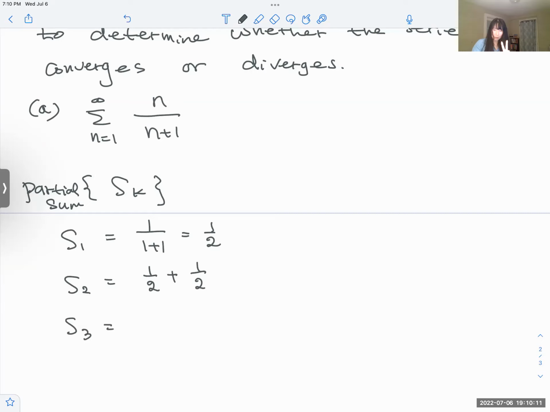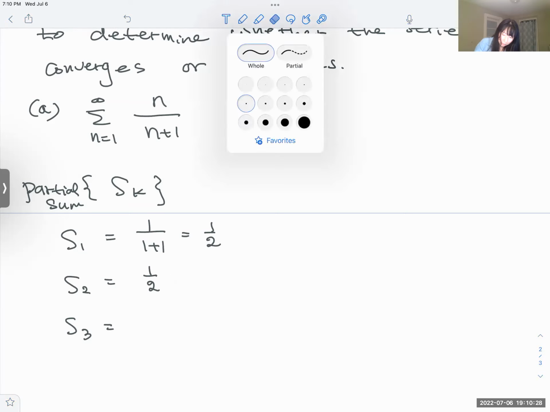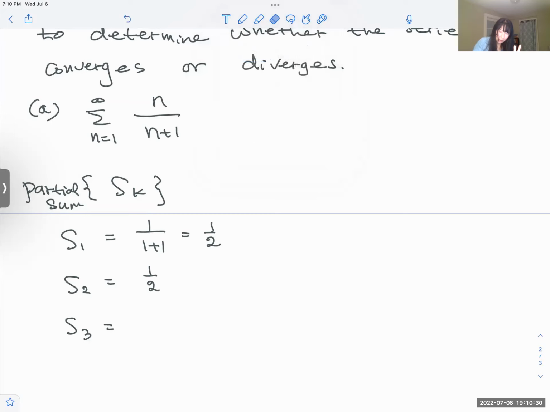we have, how much do we get for this one? Why isn't it 2 over 3? Oh, sorry, yeah. Made a mistake. Sorry about that. So we have n equal to 2, so 2 over 3, right? Thank you.